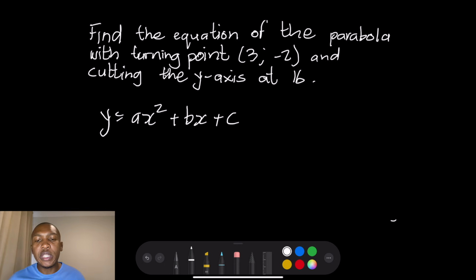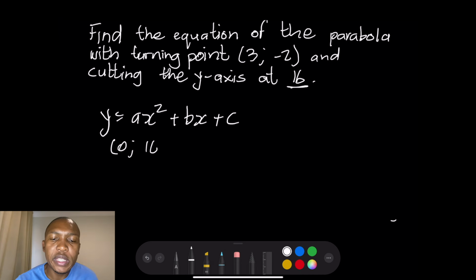These kinds of questions usually just pop up in the exam, and we should know how to find the value of a, b, and c. The first thing that I'm going to do is first substitute the y-intercept. Remember, what happens at the y-intercept? This is where x is 0 and y is 16.